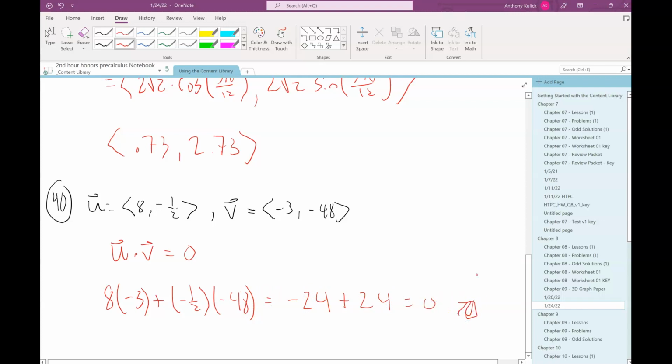So I get negative 24 plus 24, which is indeed 0. So to show two vectors are orthogonal, all we need to do is show their dot product is 0. And it is. So they are. And we're done.